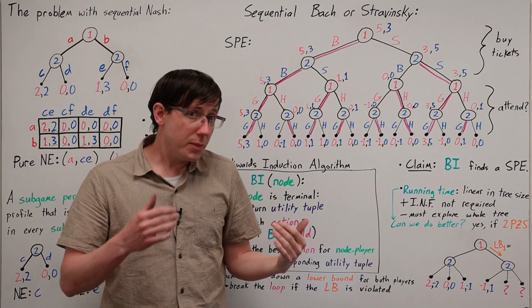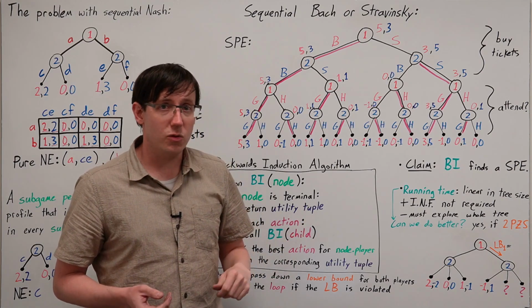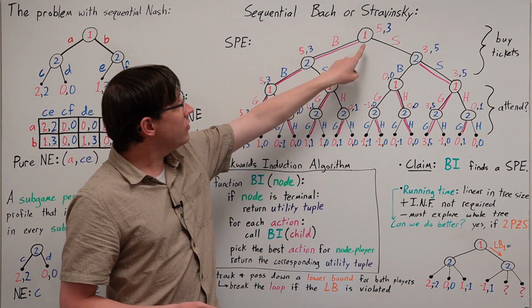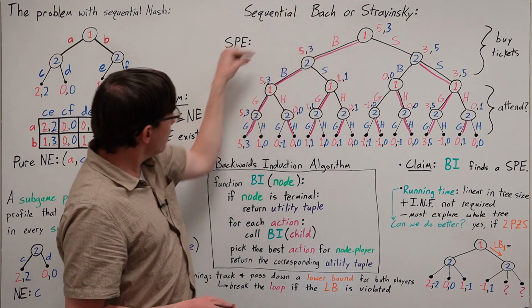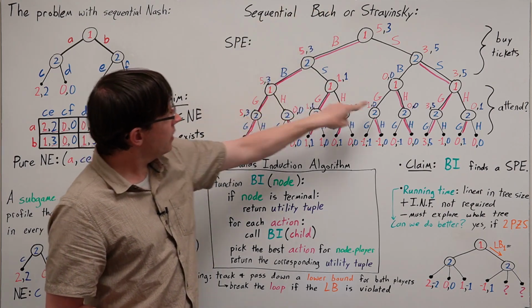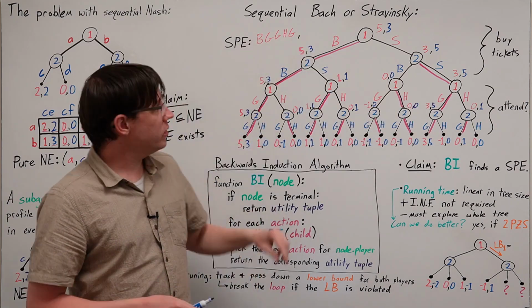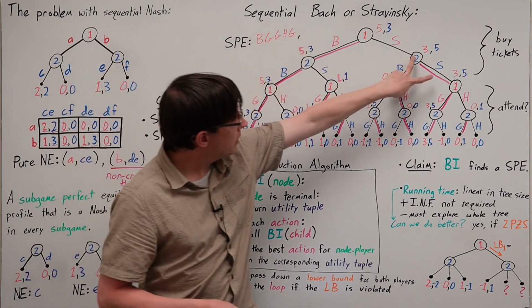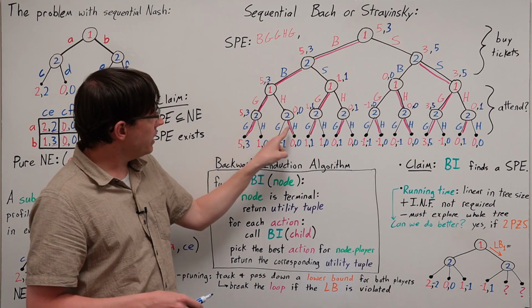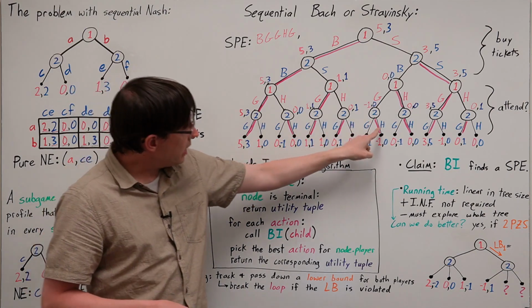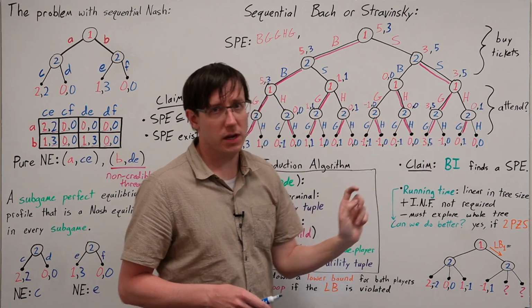And so the subgame perfect equilibrium profile is when player 1 plays the strategy B, G, G, H, G, and player 2 uses the strategy B, S, G, H, G, G, H, H, G, G.